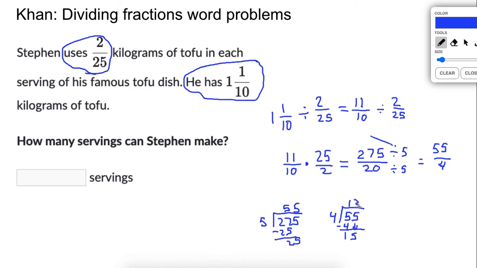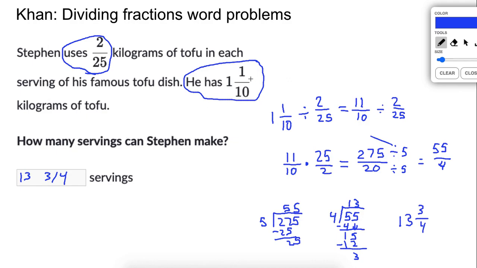So 3 times 4 would be 12. Minus that, we're going to end up with 3. So it goes in there 13 and 3/4 is what you would have for that. So again, we could put it in 13, then we put a space, 3/4 is how you would enter that in. All right, so I'm going to leave it there.